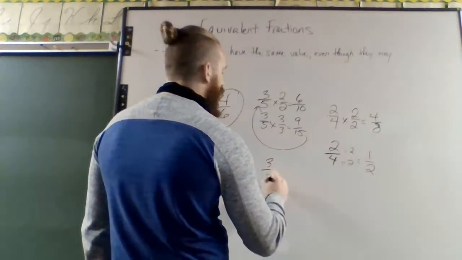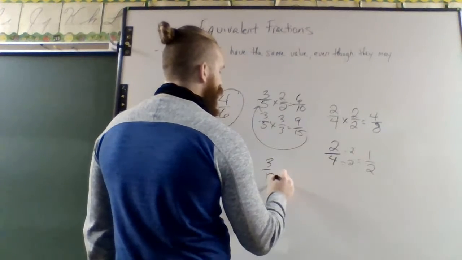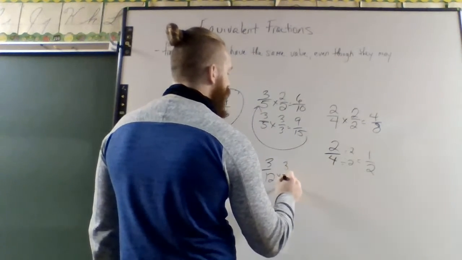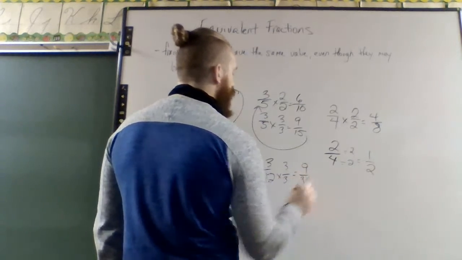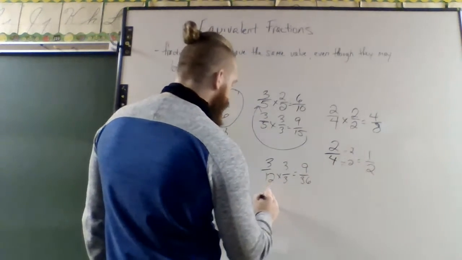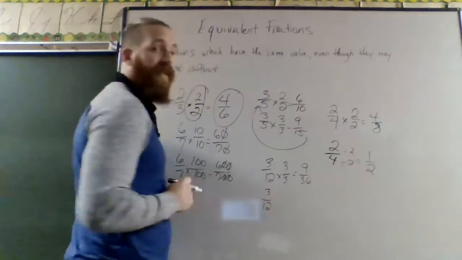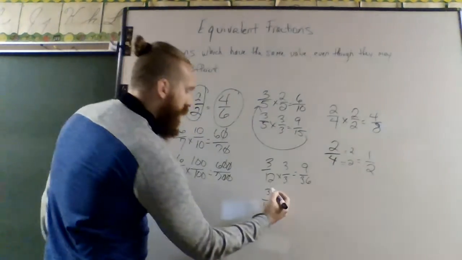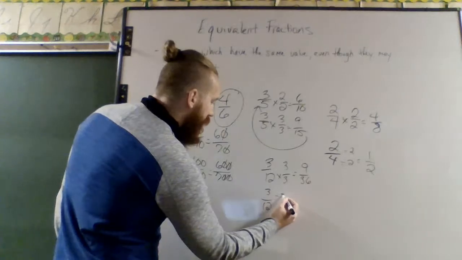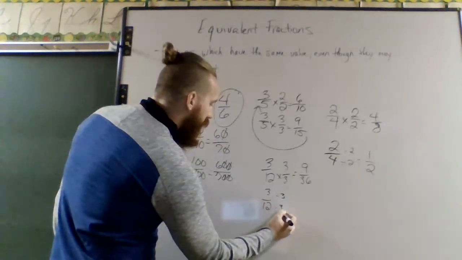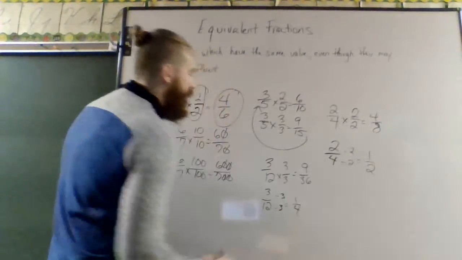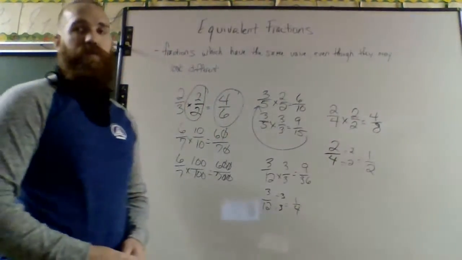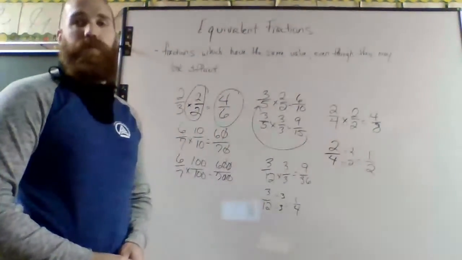If we had 3/12, we can multiply by 3/3 and get 9/36. Or we could take 3/12, and since 3 is a factor of both, divide both by 3, and you end up with 1/4, which is still an equivalent fraction to 3/12.